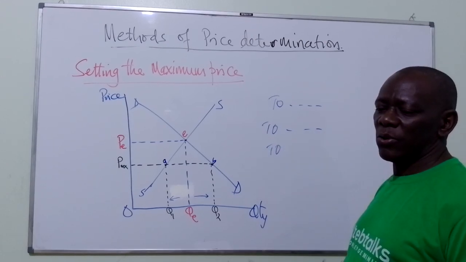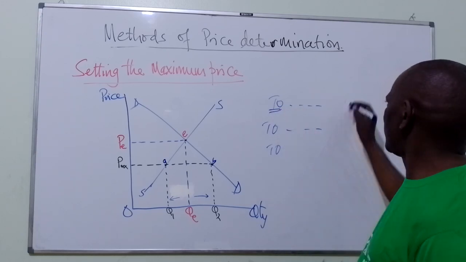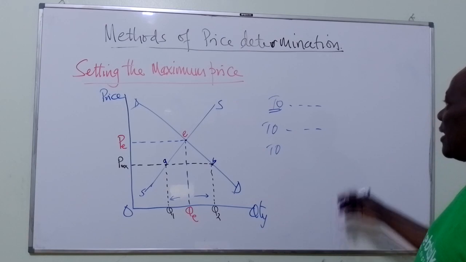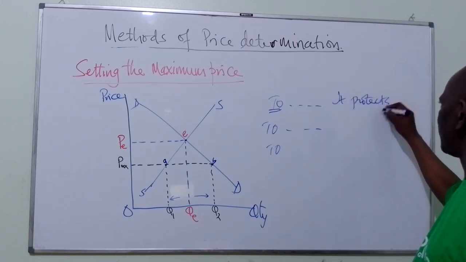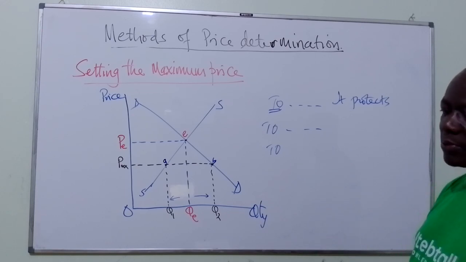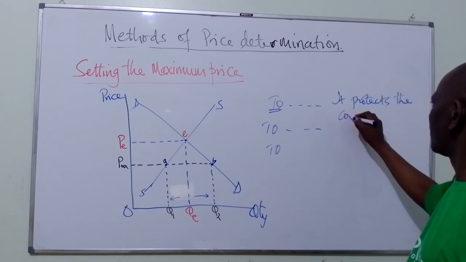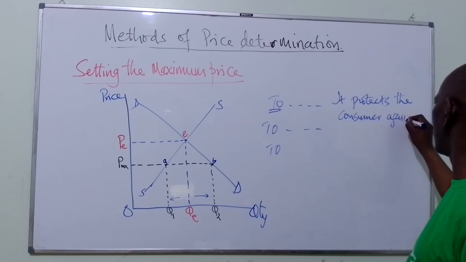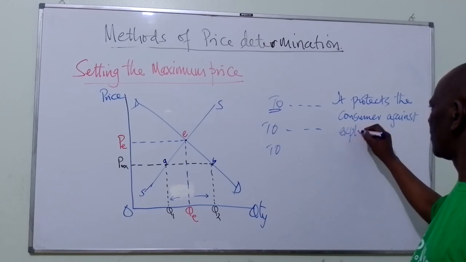Now, if they ask you what are the advantages, this now changes, and you put it in present simple tense and say, the maximum price protects the consumer against exploitation.